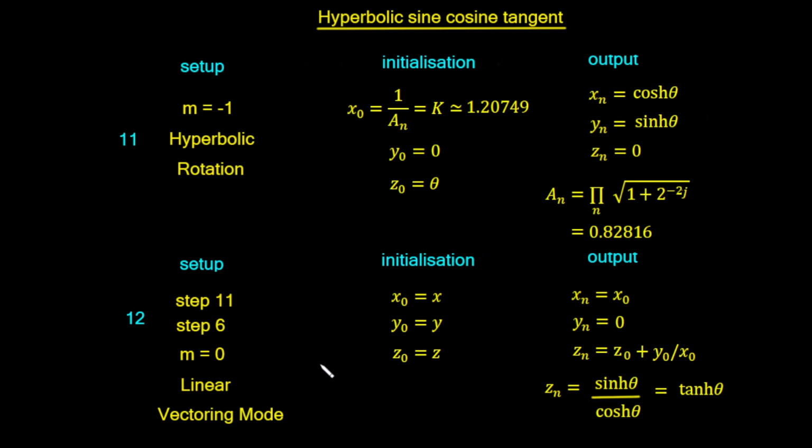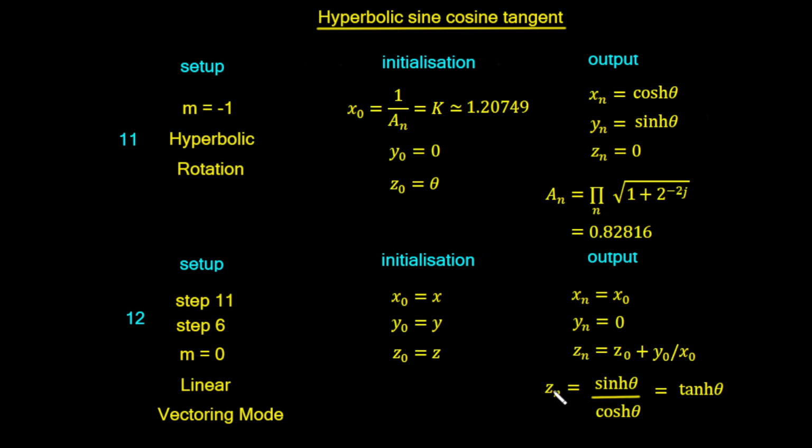The input here for our x and y is going to be the output from the previous stage, which is our value for cos theta and sin theta for x0 and y0. The final output is going to be the value zn, and it's going to be y0 upon x0, assuming that we've set z0 equal to 0.